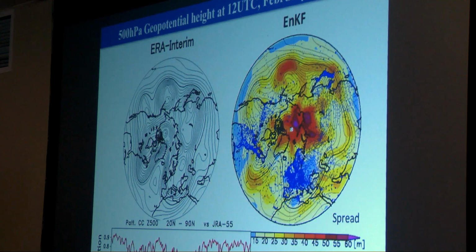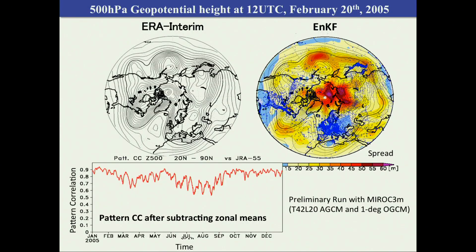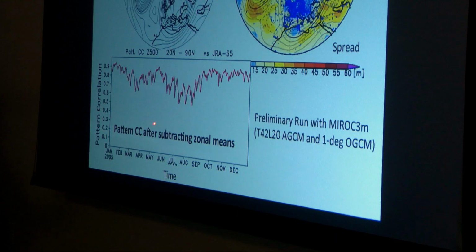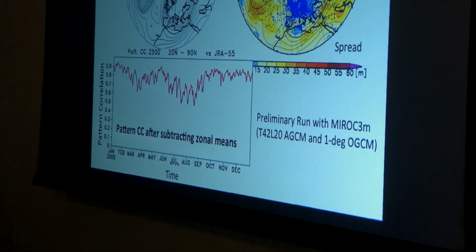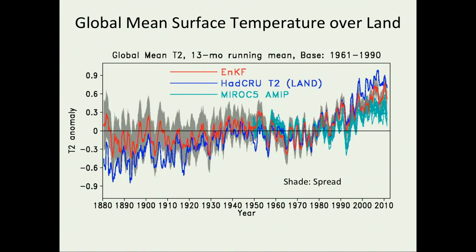Can you see the contour of 500 hectopascal? The color is spread since this is an ensemble. And this is pattern correlation coefficient during this year. So not bad.